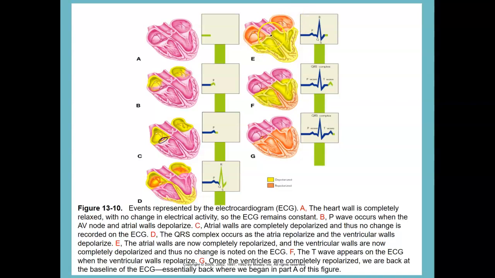QRS includes the spread of the conduction through the bundle of His, out to the right and left ventricles through the Purkinje fibers. And then you have the T wave right here, where the ventricle is starting to go into systole. So you have the contraction of the atria, which is the P wave, the spread of the information, which is QRS, which then initiates the contraction of the ventricle. And then the T wave is the reestablishment of the ventricles.